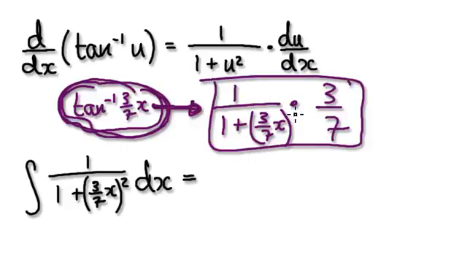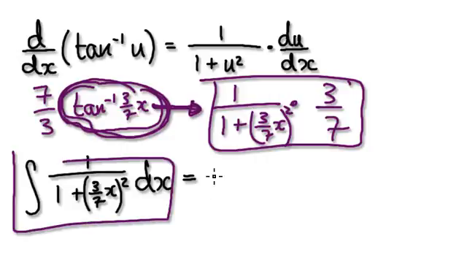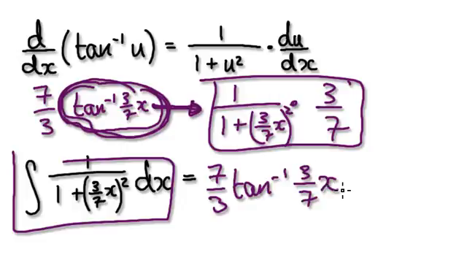You don't want, oh sorry, this should be the squared. You don't want this thing here, so you have to make the adjustment to your initial guess, which should be 7 over 3. So the point is that if you integrate this, it will give you 7 over 3 inverse tan of 3 over 7x plus c.